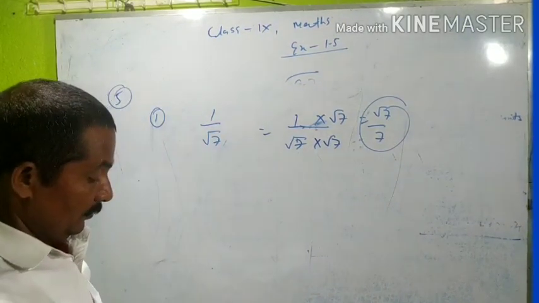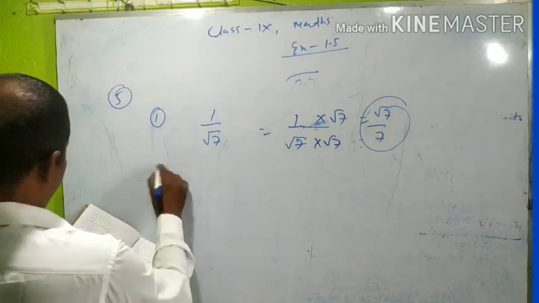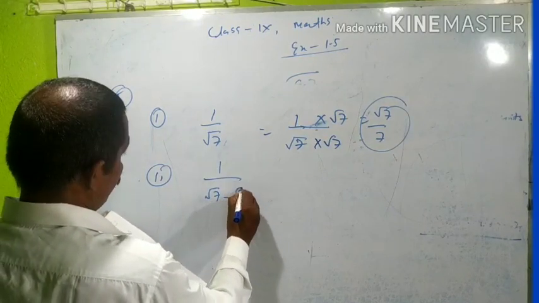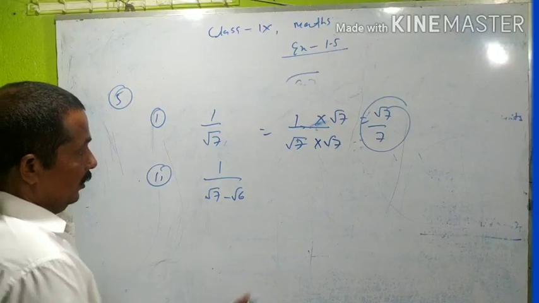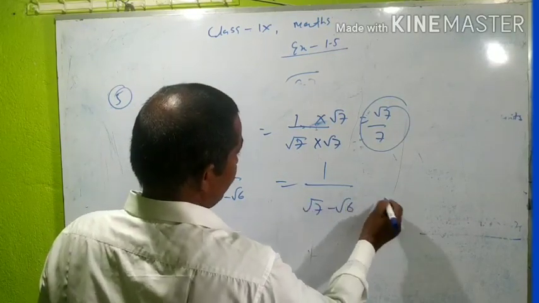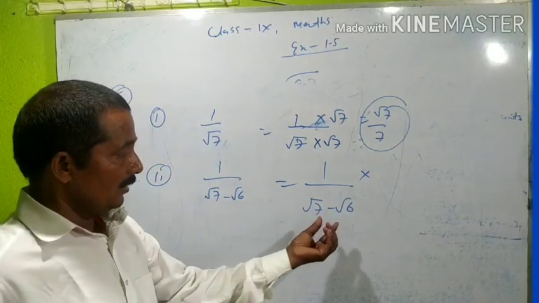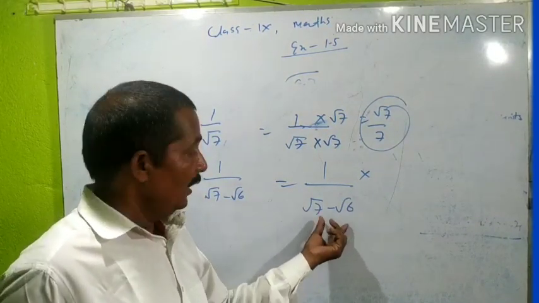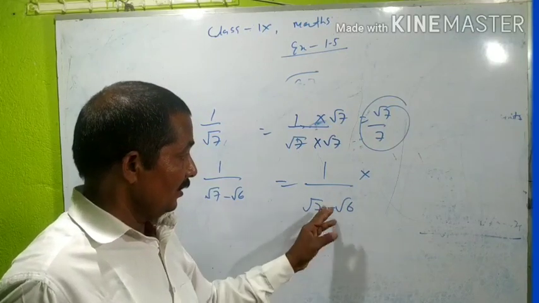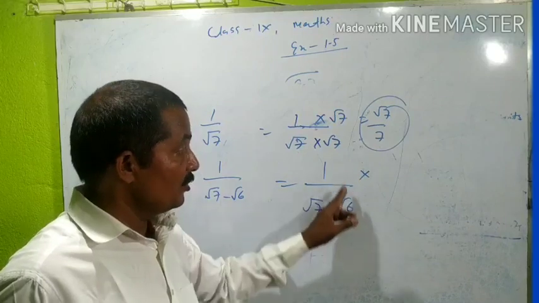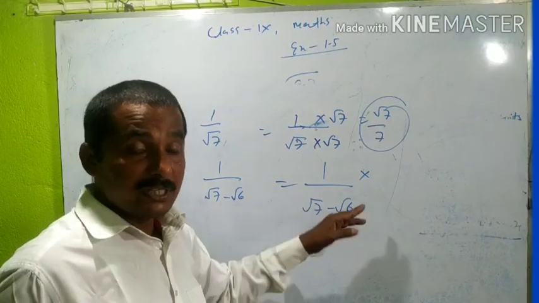Second one: 1 by root 7 minus root 6. Look here, the denominator root 7 minus root 6 is an irrational number. The process is to multiply with the opposite sign in the middle. You will multiply n and d, the numerator and denominator, to rationalize the denominator.